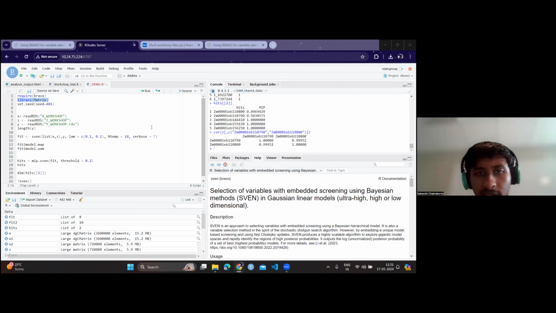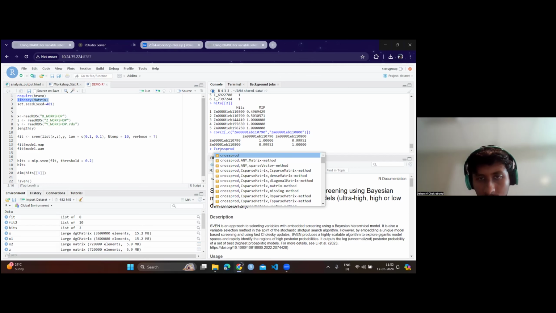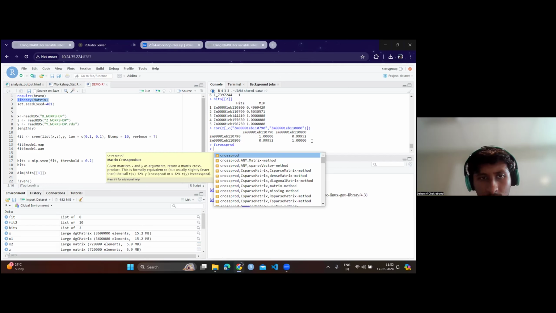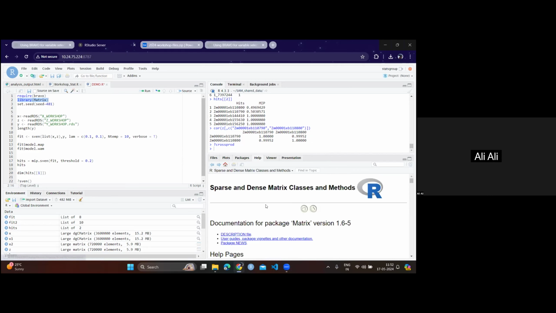So people are facing problems with cross prod. Let me see. Cross prod should be in base R only. Yes, it's in base, and it's also in the package Matrix.